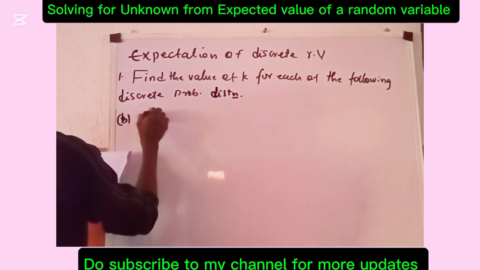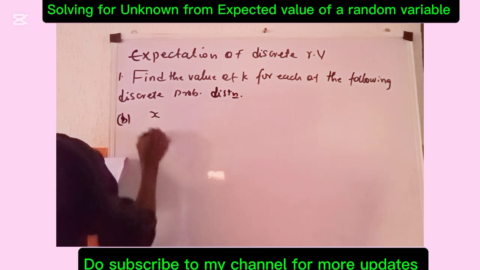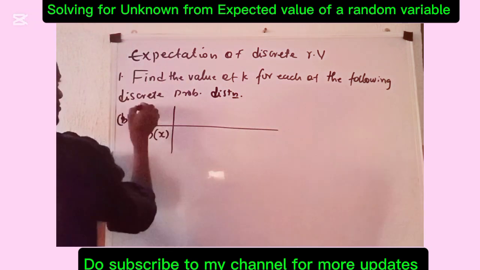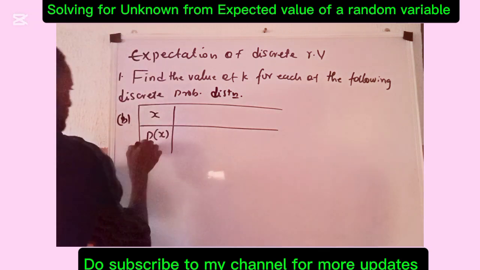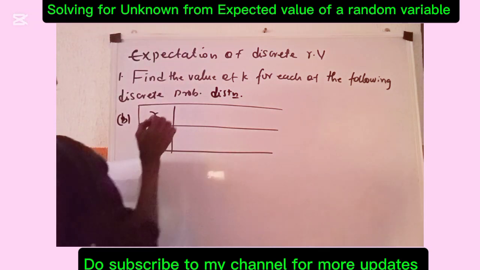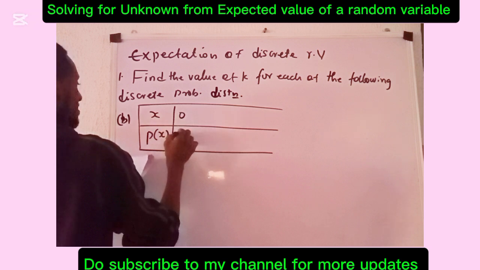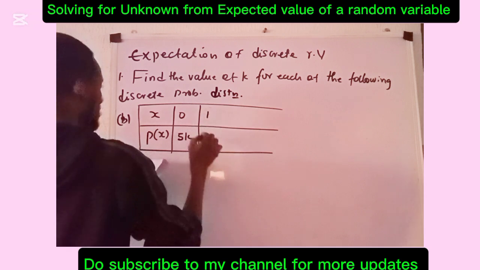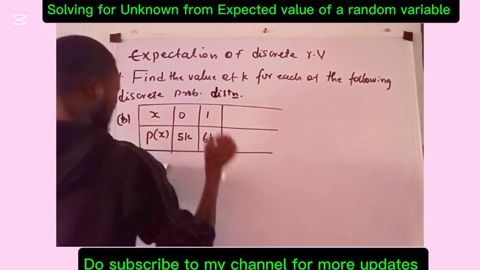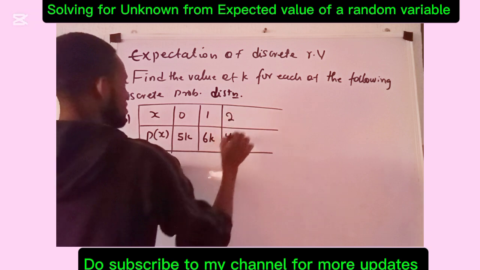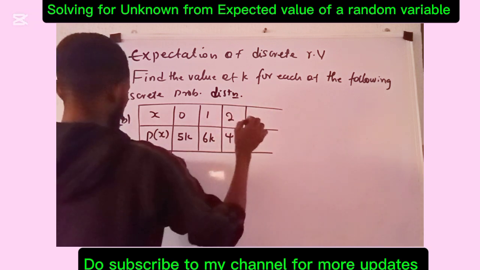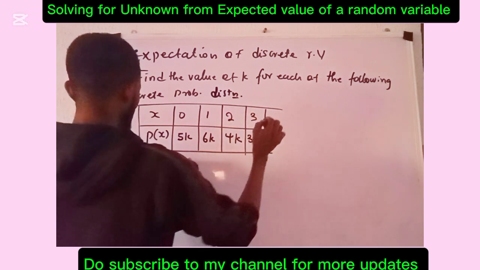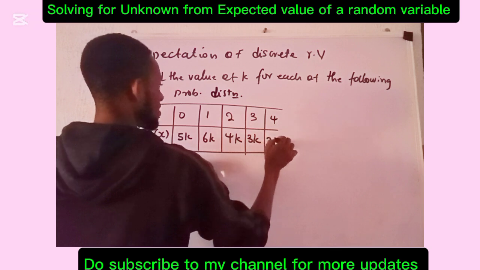So that B says this is X. This is P of X. So this is 0. This is 5K. This is 1. This is 6K. This is 2. This is 4K. This is 3. This is 3K. Last but not the least, this is 4. This is 2K.